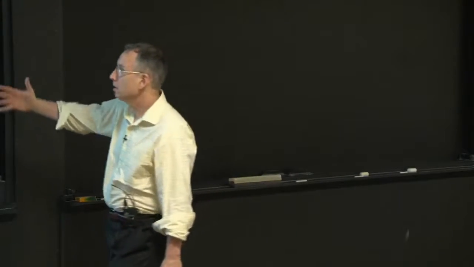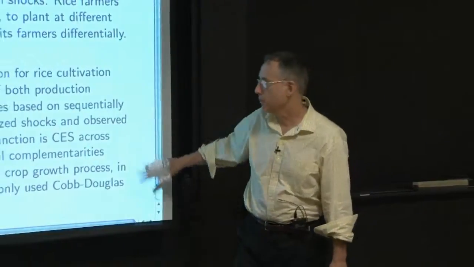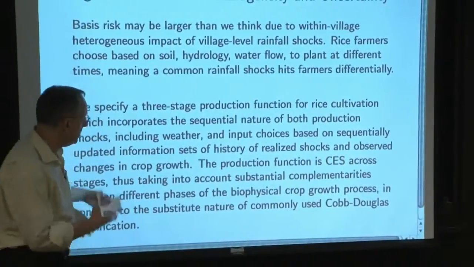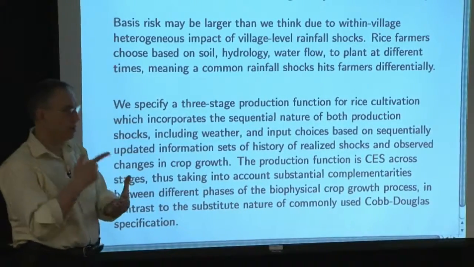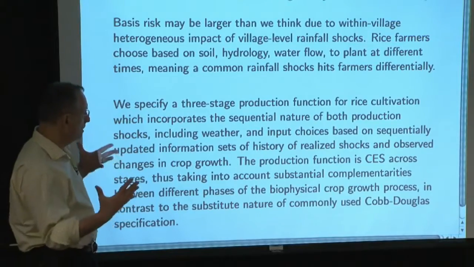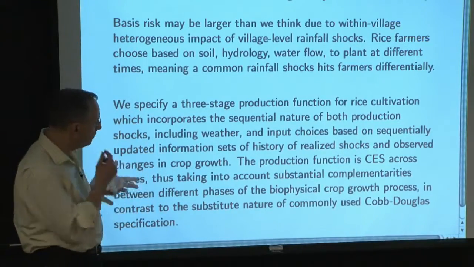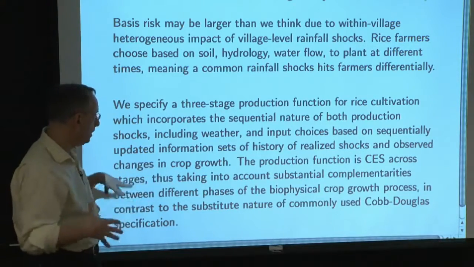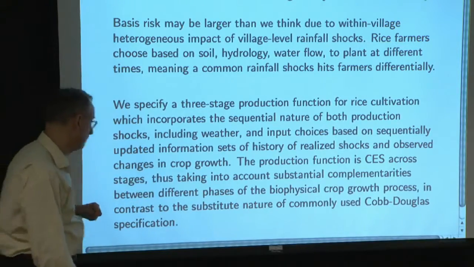So what are Camilla and I doing? We're going to estimate a three-stage production function which takes into account the sequential nature. There's planting for sure, then the germination period and the planting of the rice, with maybe some fertilizing. Then you've got mid-season and all the stuff you need to do, and then you finally approach and include harvest.